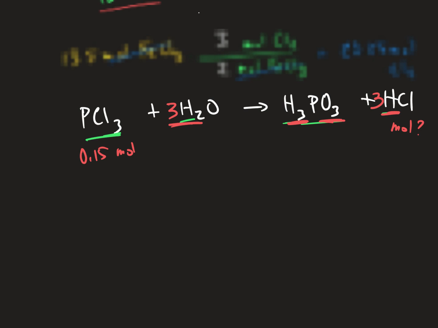You following? And by putting a 3 right there, that gives us 3 chlorines on the right. We already have 3 on the left, so we're good there. And we have 1 phosphorus on the right and on the left. So that's it. Good?